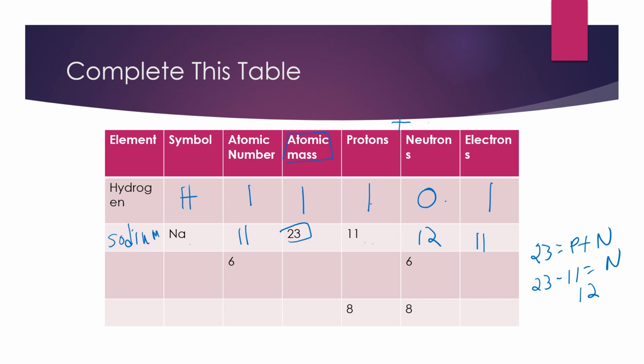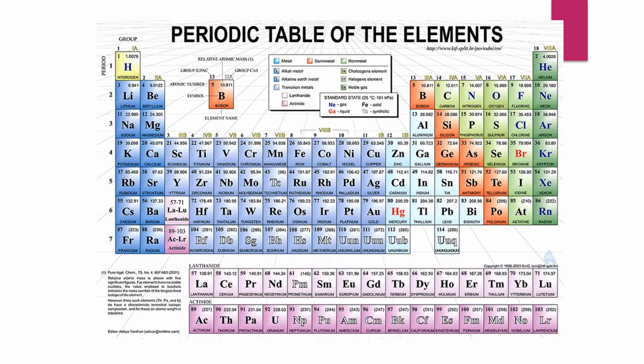So you can practice doing some of those, and you can check if you've got it right on the periodic table. So on this periodic table, for example, hydrogen has 1 proton, helium 2, 3, 4, 5, 6, 7, 8, 9, 10, etc., all the way down to this one here, which has 114.